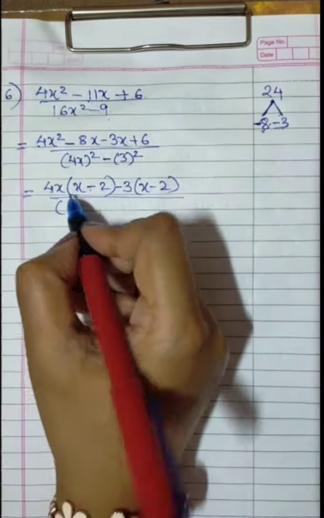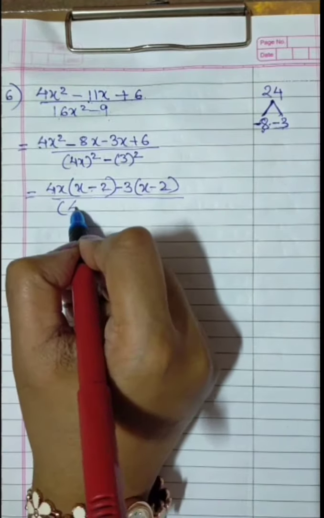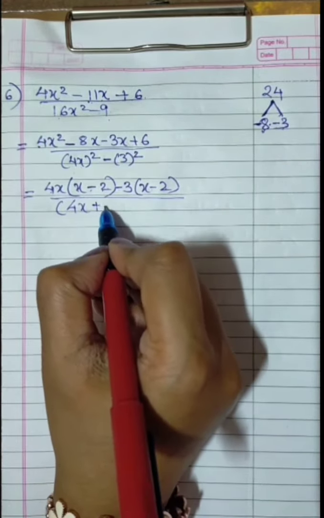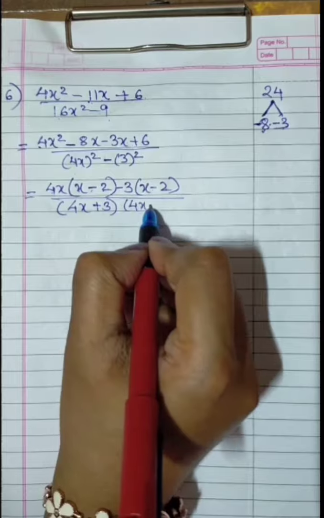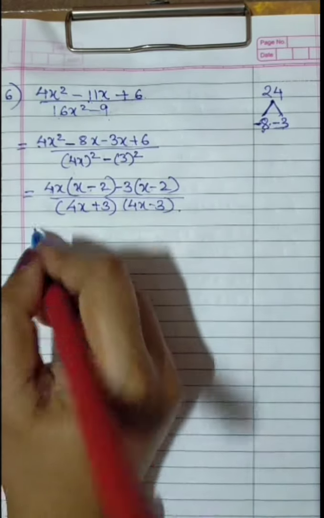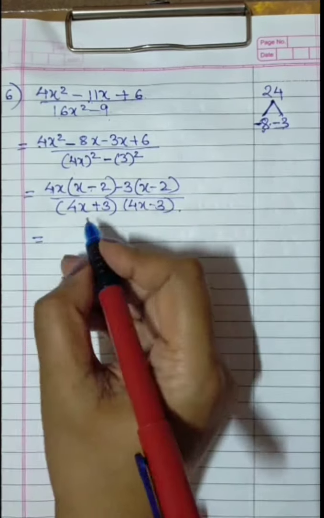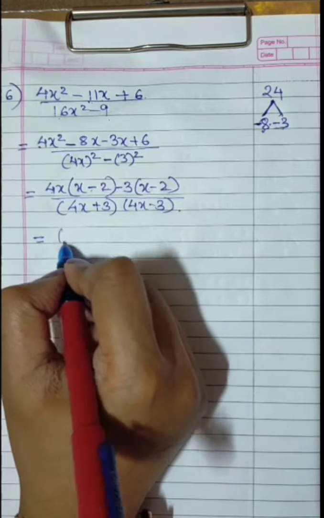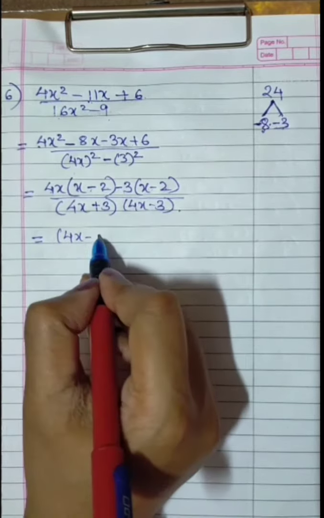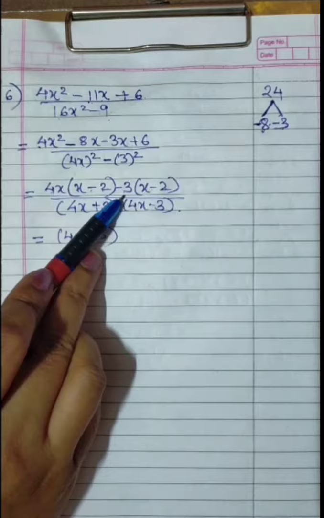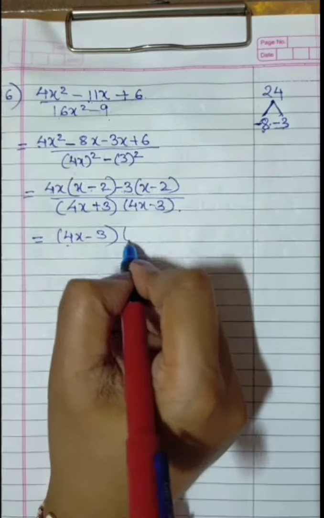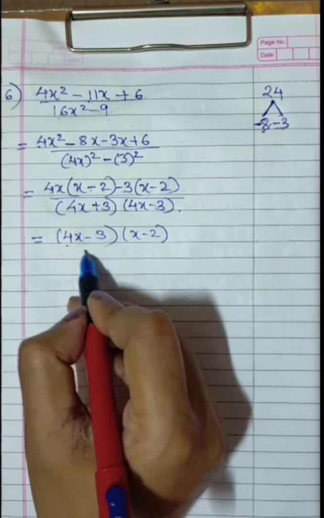Now what is there? So 4x plus 3 and 4x minus 3 will come. I am writing the next step, that is 4x minus 3 in one bracket and x minus 2 in another bracket.